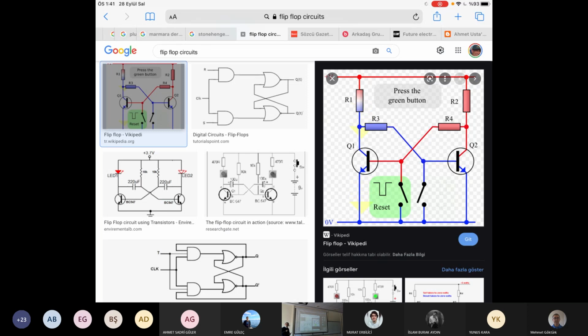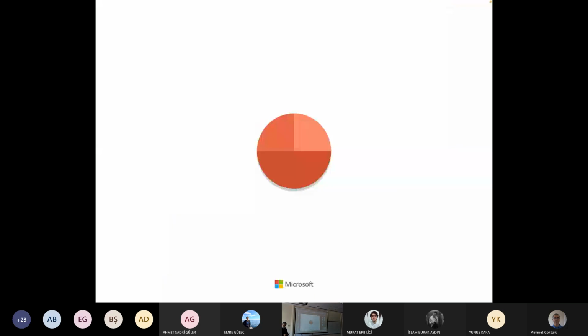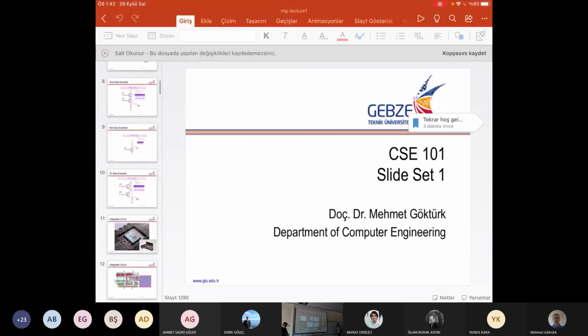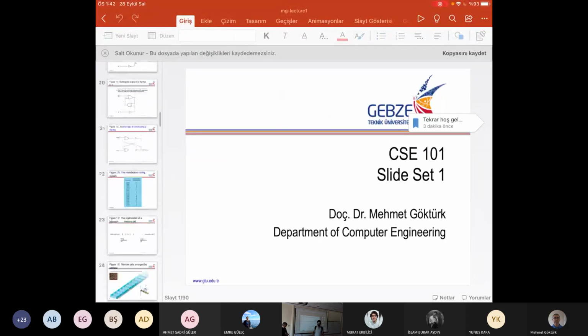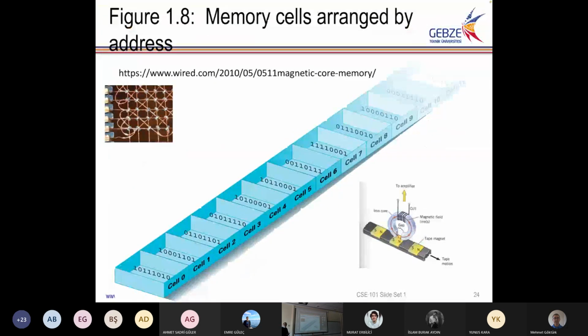So today, we can still store information with flip-flops because it is a dynamic circuit. With the core memory, you can store information as if it is in the memory.